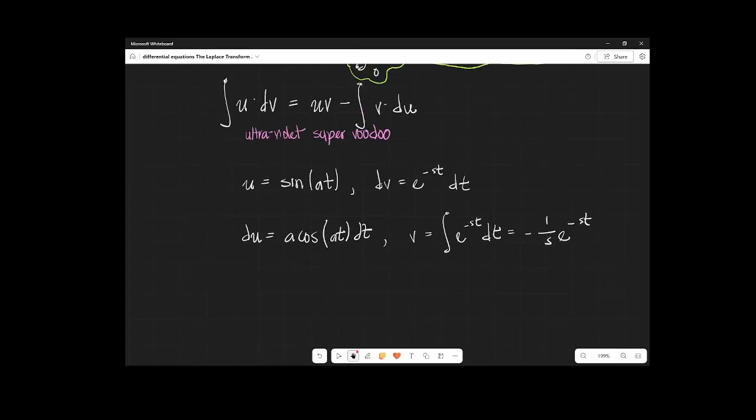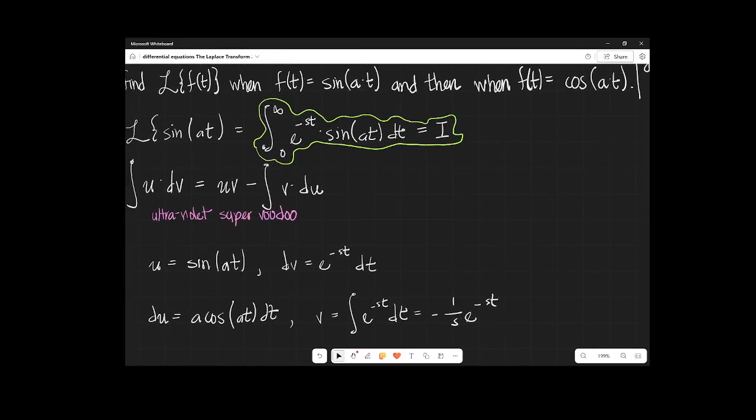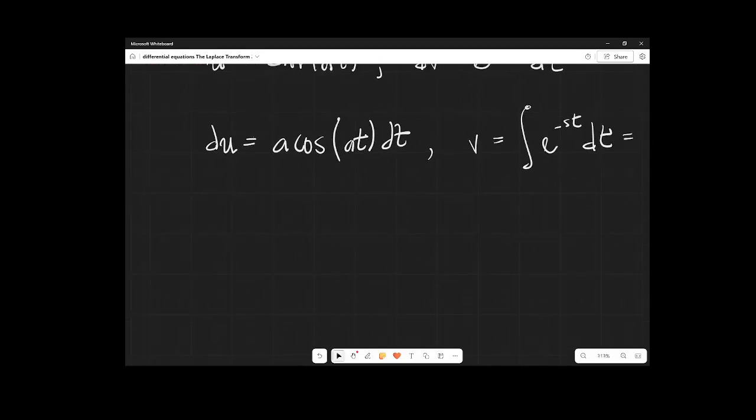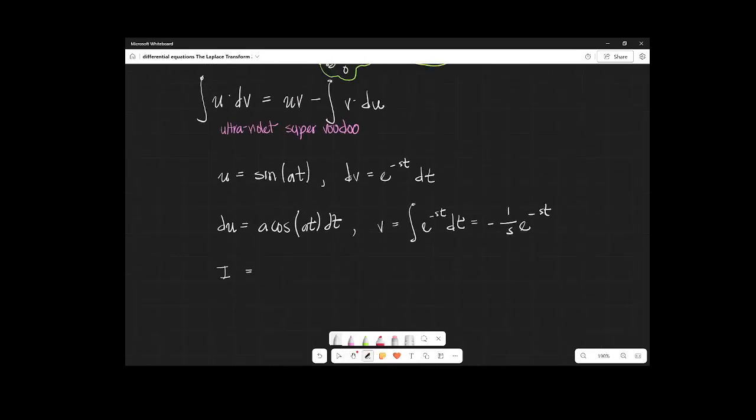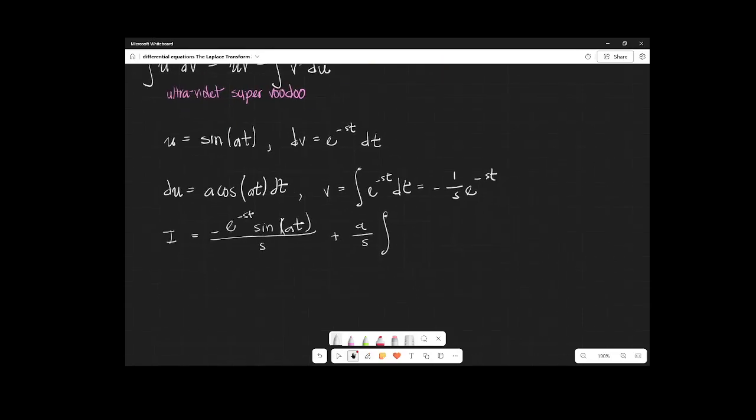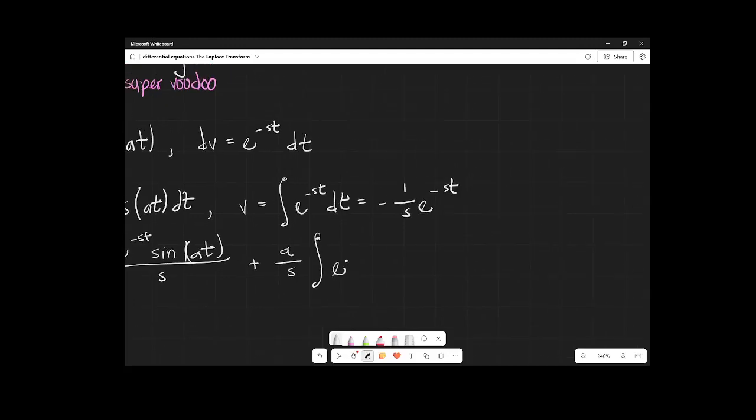What we can say now is that I, remember our integral up here circled in green, and then we have another integral.